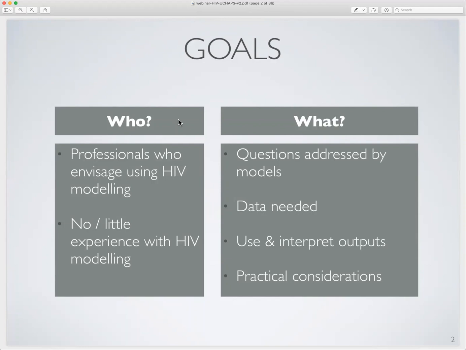I will also focus on the questions addressed by the models, the data needed by these models, how to use and interpret the outputs of these simulations, and I will conclude with practical considerations.